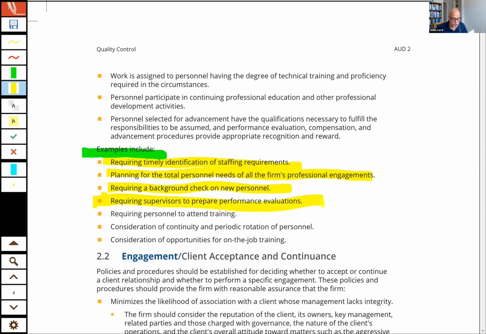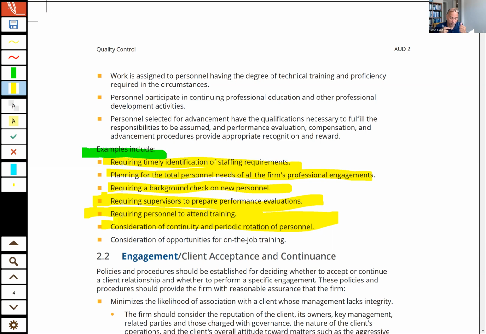Okay, requiring supervisors to prepare performance evaluations, training. Okay, periodic rotation of personnel, not only so that the personnel get a chance to work with different supervisors and be evaluated by different individuals in the firm, but also remember we need to make sure that we don't assign the same staff to the same engagement year after year after year, because then they start to lose, probably subconsciously, some of their objectivity as it relates to that client.